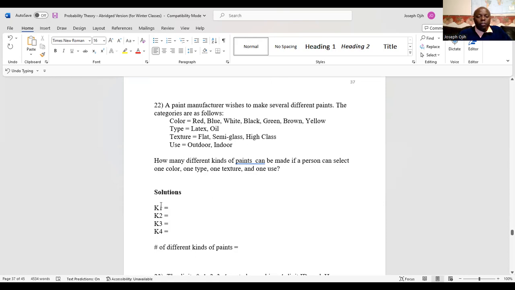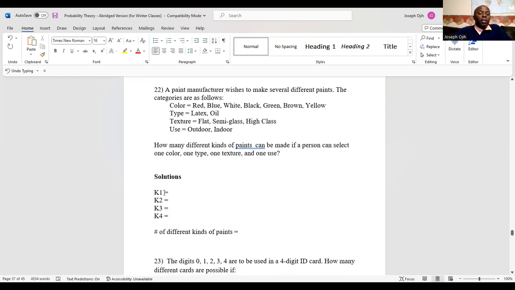So let's use K1 for color, K2 for type, K3 for texture, then K4 for use. K1 has 7 possibilities.